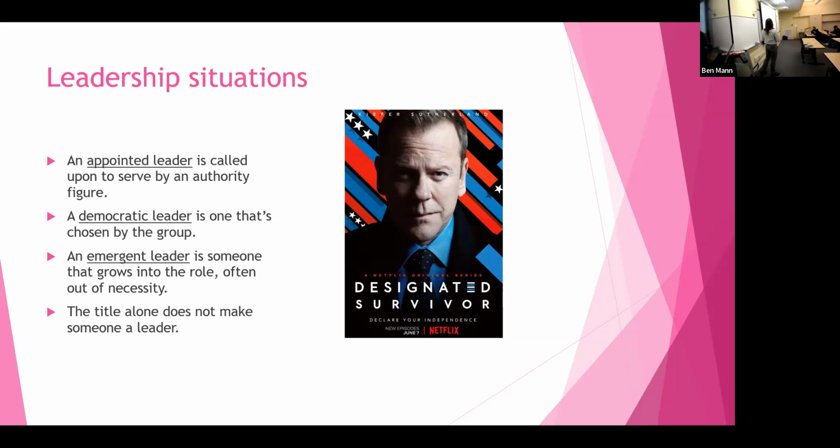But again, in a lot of shows like this and situations where emergent leaders get into these roles, they grow into it and use some of the skills that they already have and learn how to apply them to their group. In fiction, for instance, this character's relationship to his daughter and this level of empathy or care for others is something that translates into leadership skills. So just some good examples here of some of the ways that we find ourselves taking on these leadership roles.